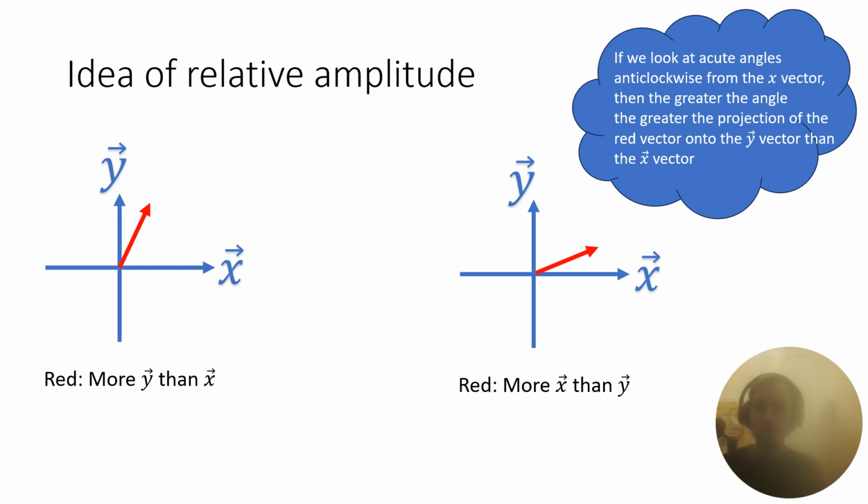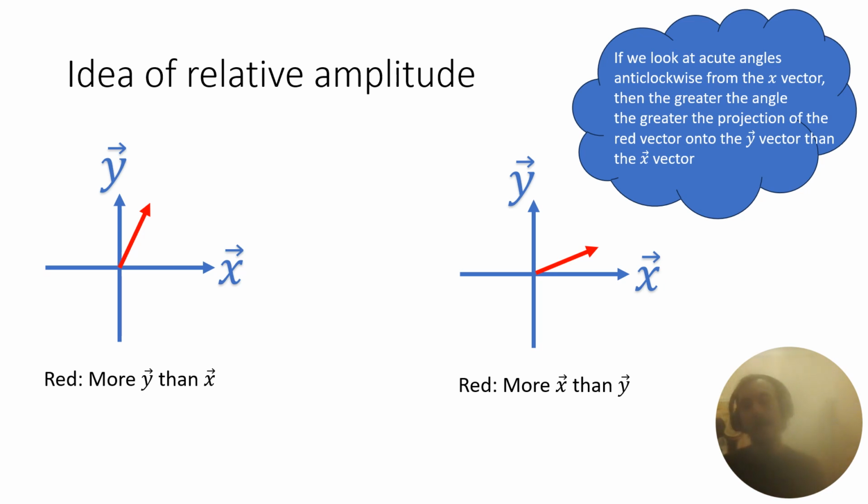And by this I mean that we would like to be able to represent a wave function as being closer to one classical state than another, let's say closer to classical state A than B, if when we measure a particle in that quantum state, we are more likely to find the wave function collapses to state A than state B. So we want some notion of a wave function being closer to one of its input classical states than to another classical state. And this is where the idea of relative amplitude comes in.